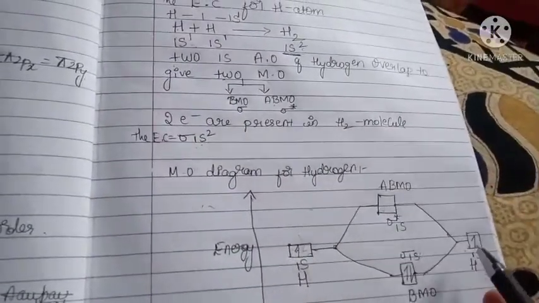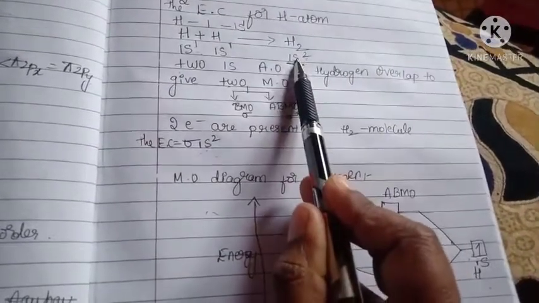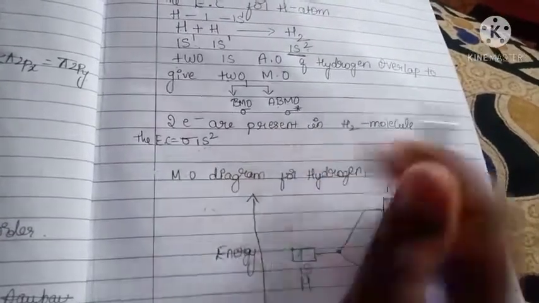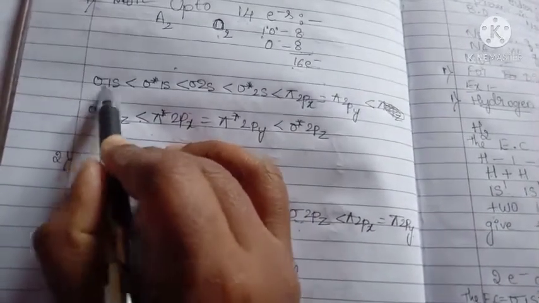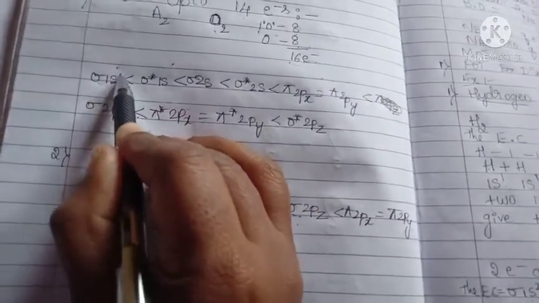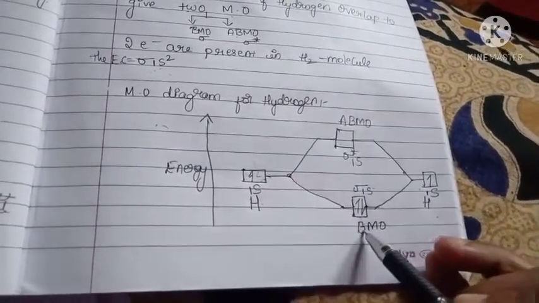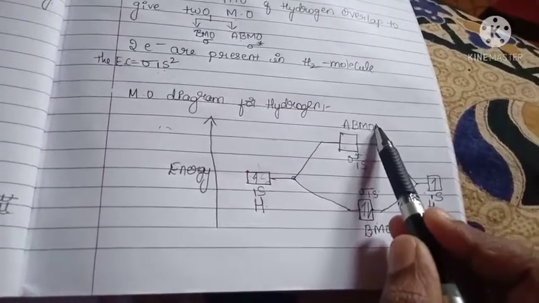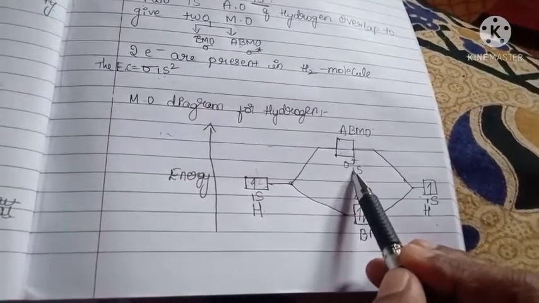1 electron is present, 1 electron should be filled. After that you have to observe the molecule, how many electrons are present, 2 electrons. Then the first electronic configuration is sigma 1s, it means each orbital should contain 2 electrons, so it has only sigma 1s2. Okay, here BMO and ABMO: if it comes below it is bonding molecular orbital, if it comes above it is anti-bonding. Okay, this is sigma 1s and sigma star 1s.